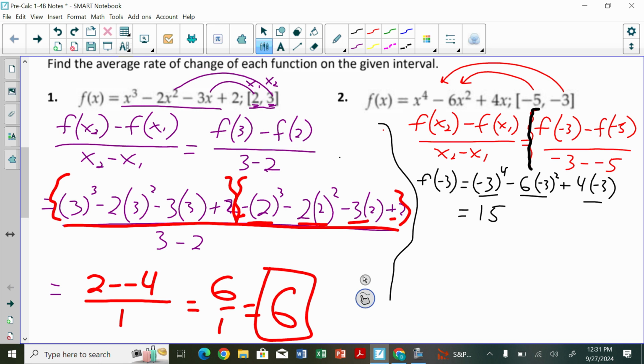Okay, and then if we do the same thing with f of negative 5, I'm going to take that negative 5 and go negative 5 to the 4th power minus 6 times negative 5 squared plus 4 times negative 5.